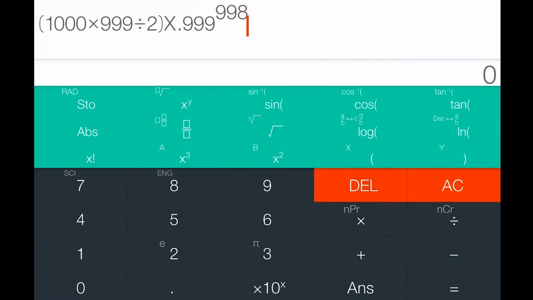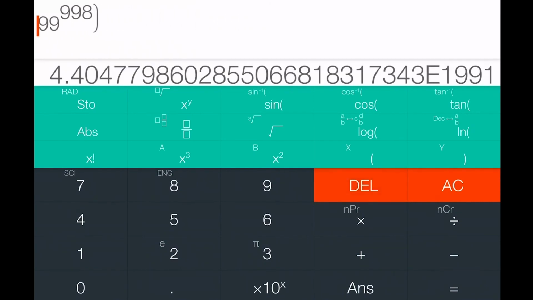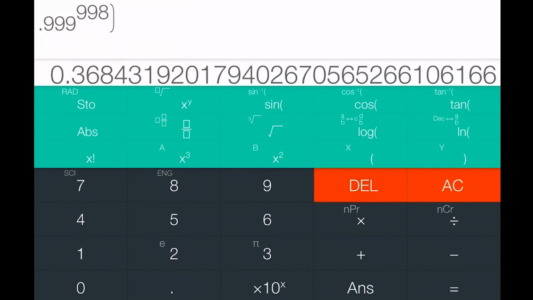Let us see how much this gives us. As I said, that will be 0.368.